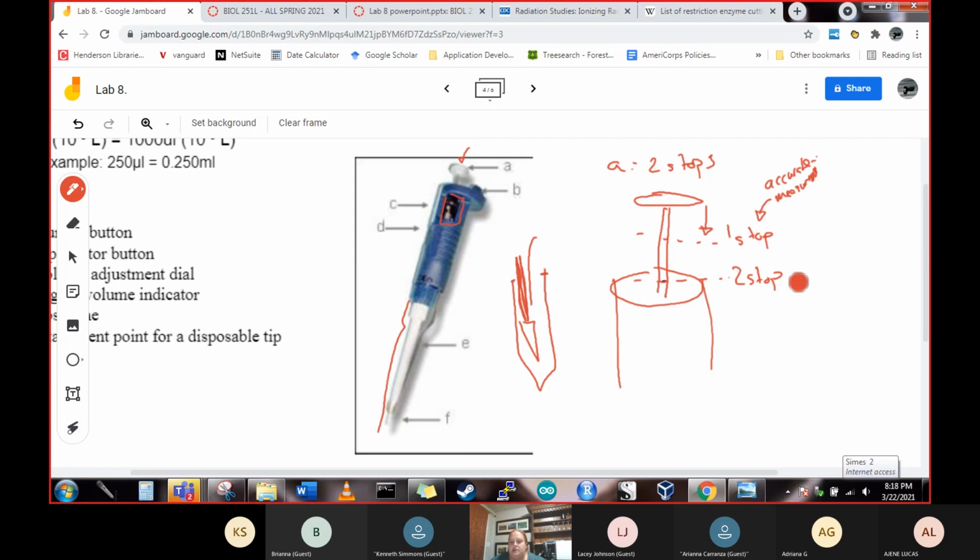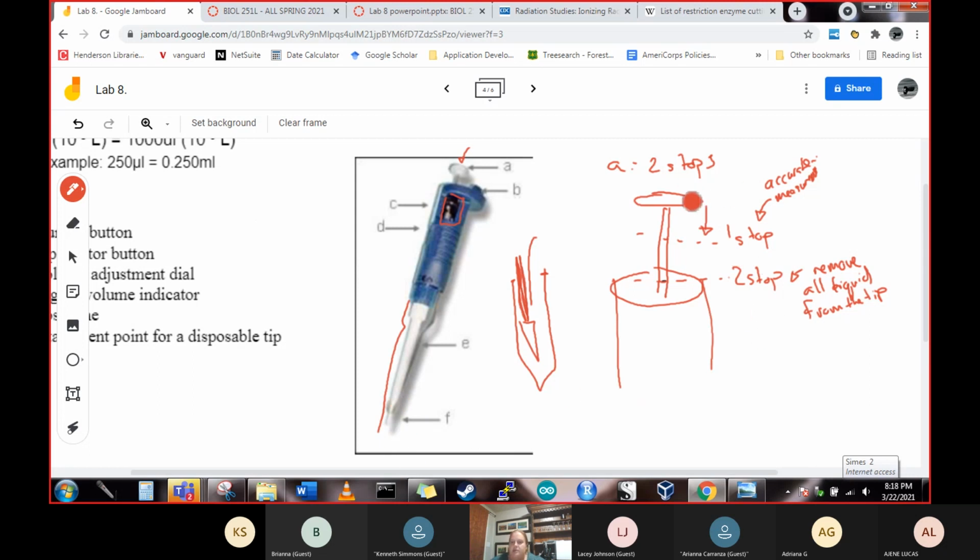The second stop is to remove all the liquid from the tip. It pushes extra air through the pipette tip, and it is able to remove every last drop of liquid that's in your pipette tip.